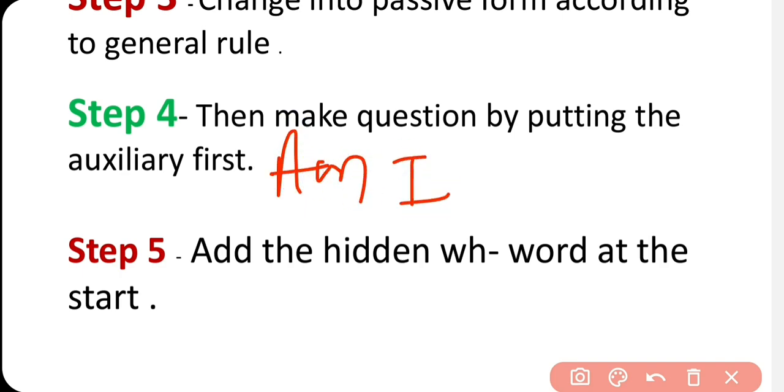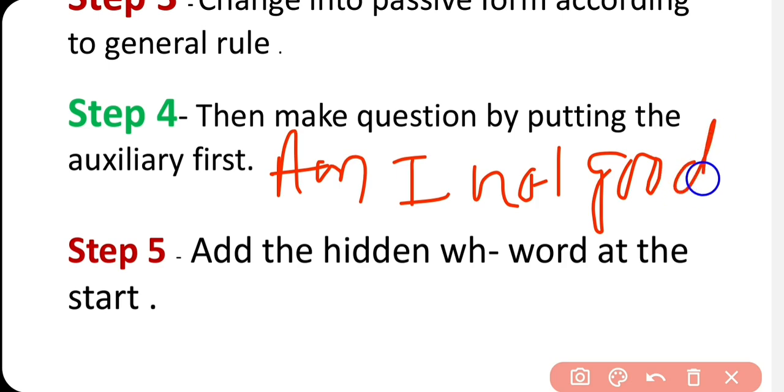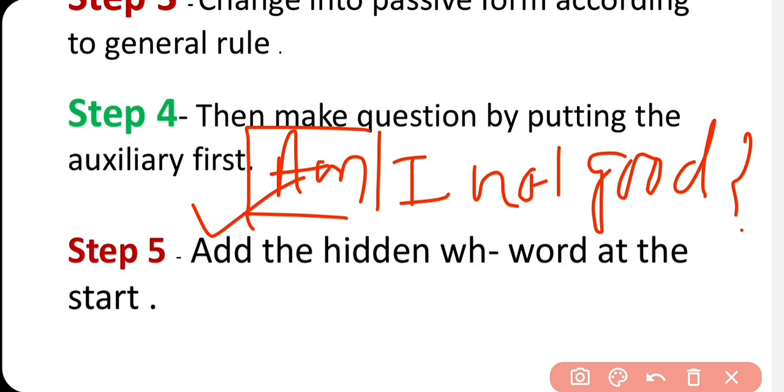Am I not good? It is an example of a yes no type question. So here the auxiliary verb am has been placed at the start of the sentence.